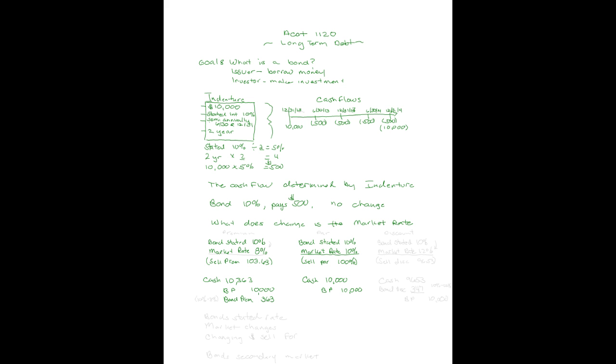And I am going to charge the investor an additional $363. And that is exactly how much it takes to change the 10% I have to pay down to the 8% that the market is demanding.